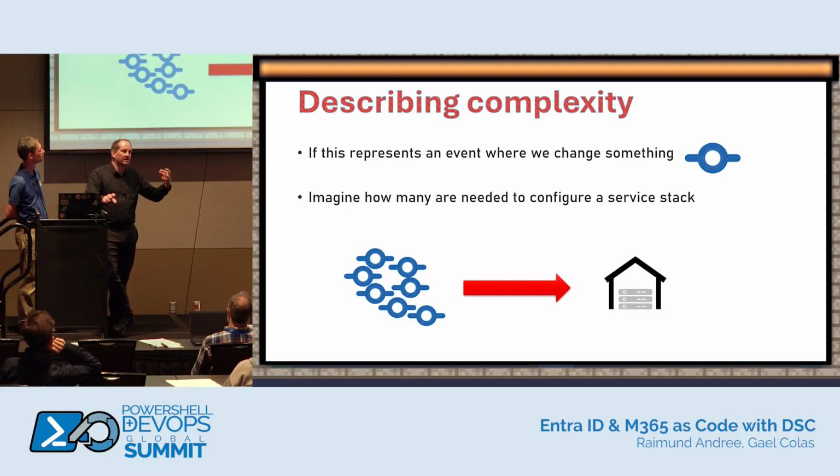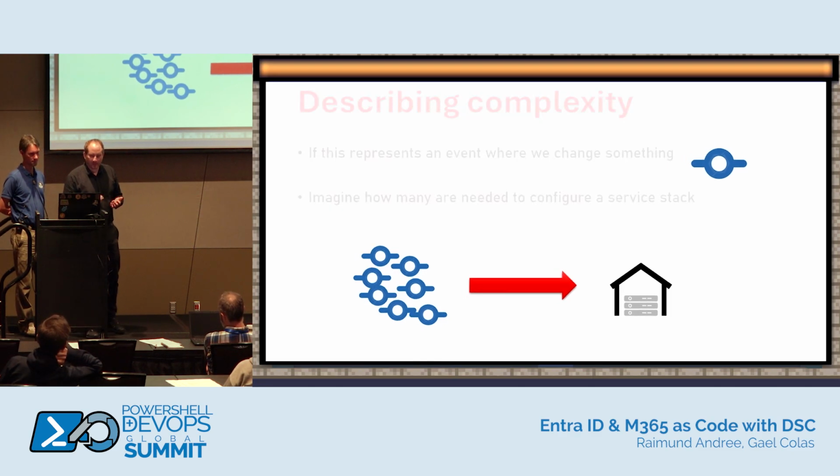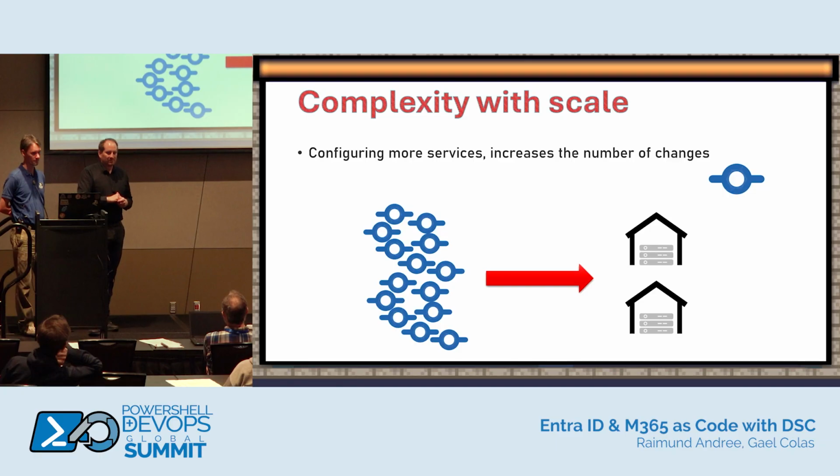I want a few things put together, and I need a certain amount of changes. If you have 2 stacks, you need to have more changes, right? So you have the scale. The more things, the more features that you want to configure, the more changes you will have, okay? The more configuration items you need to have.